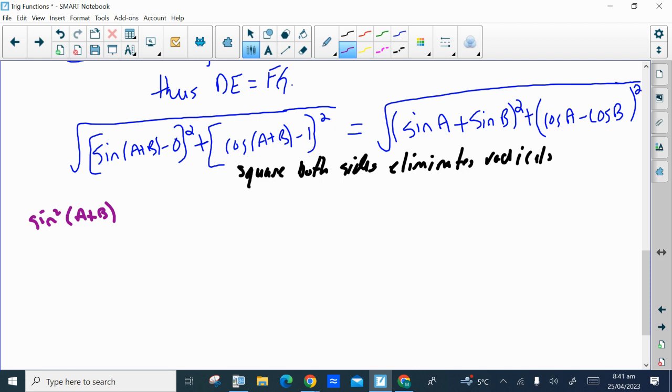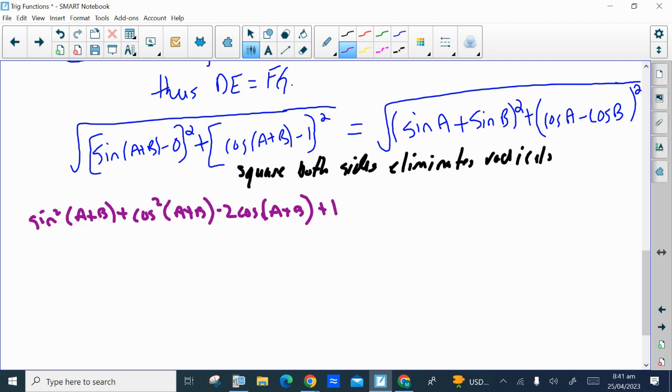And remember, a shortcut for squaring binomials is square the first term, so that'll be cos squared a plus b. Multiply the two terms together and double, would be minus 2 cos a plus b. And then square the last term, negative 1 squared is plus 1. So there's that term.